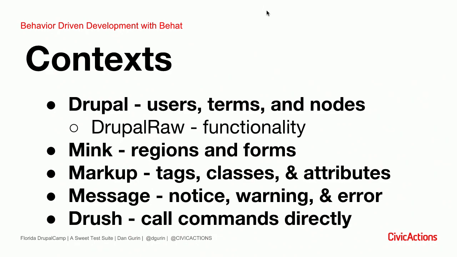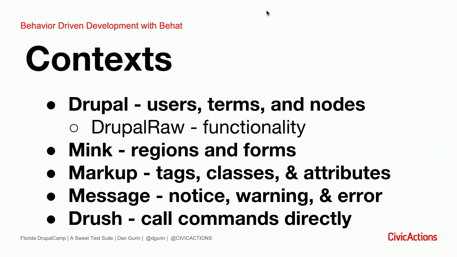So contexts, there are a lot that are included with the Behat Drupal extension. The Drupal raw functionality does a lot of the heavy lifting here with the core entities. There's also Mink, which handles regions and forms.